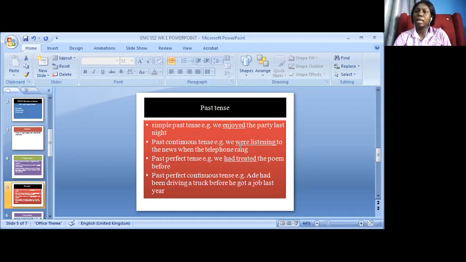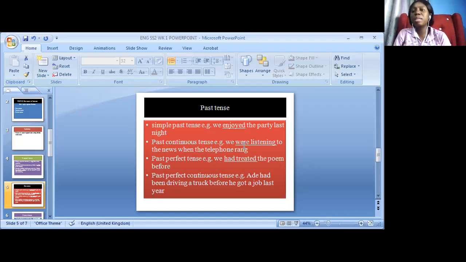This is just to show us that there's a particular action that was happening in a continuous manner, that was ongoing in the past. For example, we were listening to the news when the telephone rang.